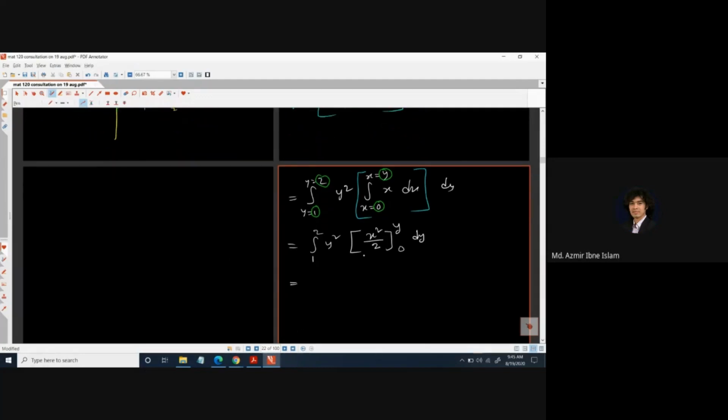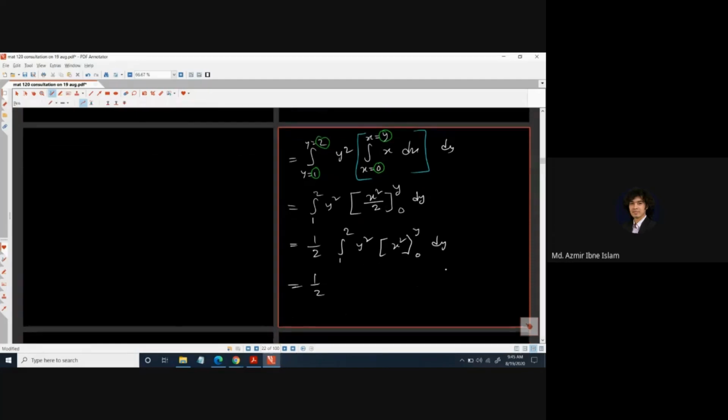Finally, 1 by 2 is constant. Let's bring 1 by 2 out for our betterment. So we have x squared from y to 0, dy. So 1 by 2. Now we can apply the fundamental theorem of calculus. Integration from 1 to 2, y squared. If we apply the fundamental theorem of calculus, at first we need to locate x, and where we have x, input y.